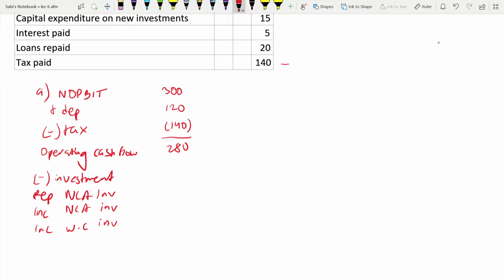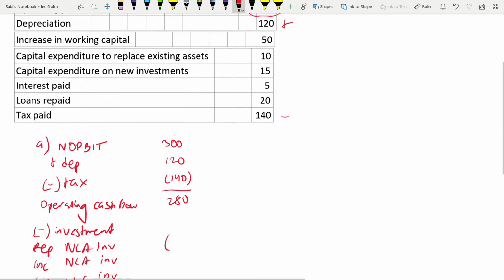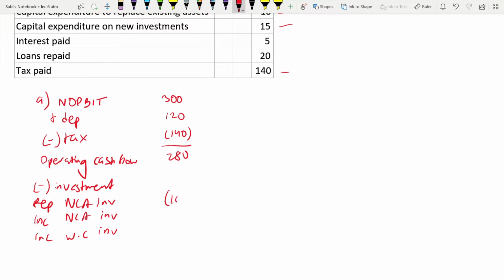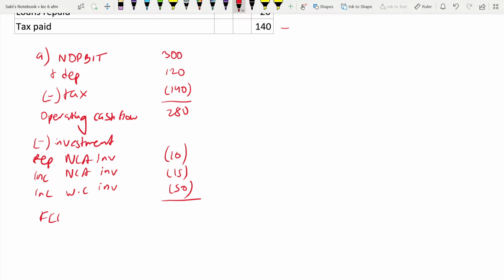So to replace non-current assets, it's 10, deduct. Then capital expenditure on new investment, 15, deduct. And working capital, 50, an increase in working capital is an outflow, deduct. So 10, 15 and 50 you deduct from operating cash flow, and what you get is known as FCF, free cash flow, which is 205. You see?